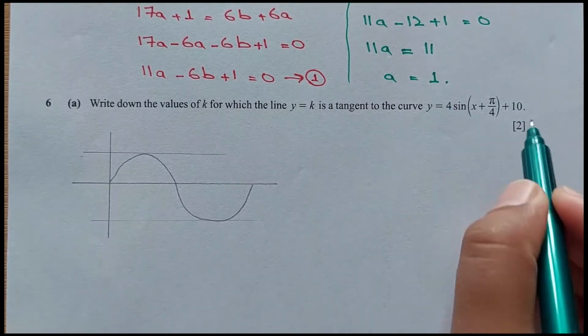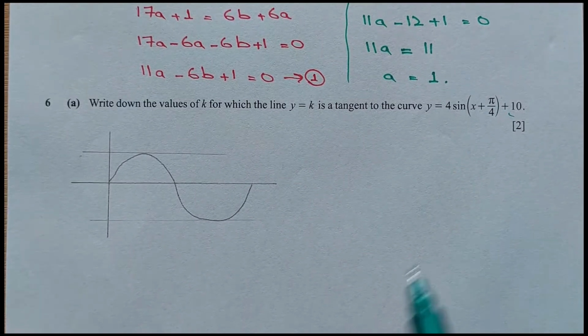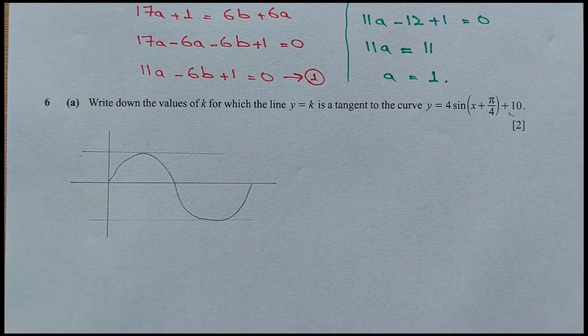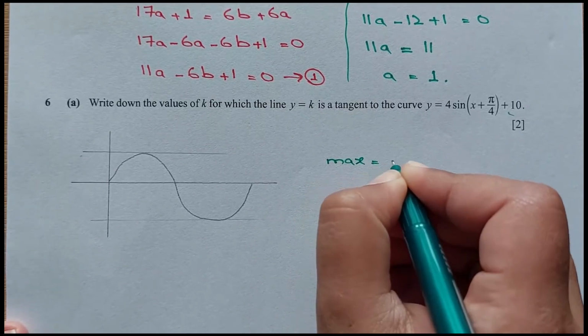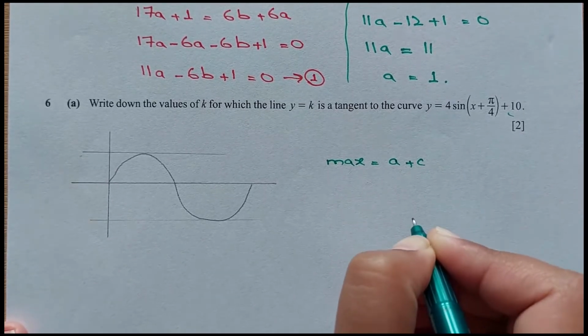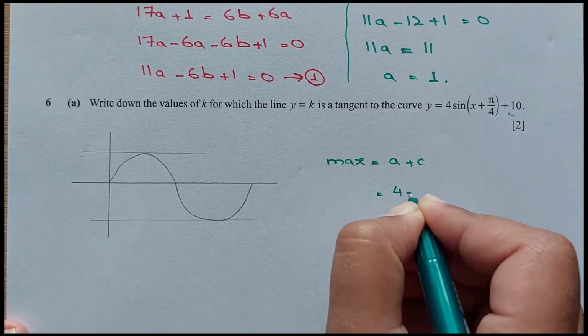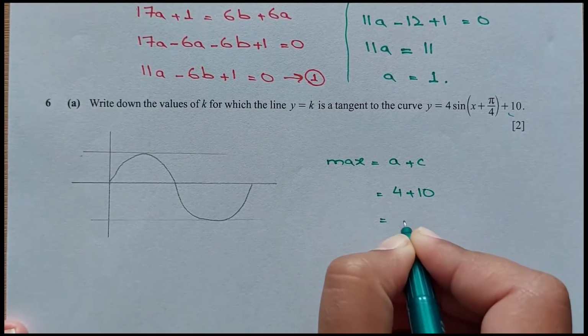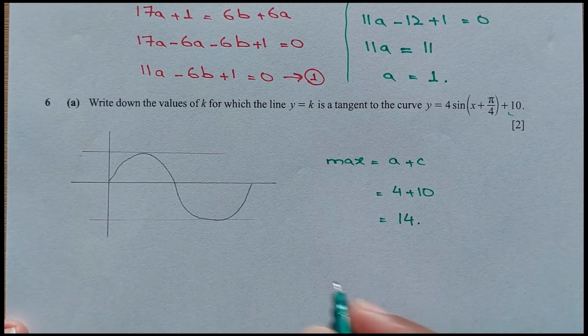So 4 is the amplitude, 10 is the equation of axis, pi by 4 is the phase shift. For the maximum point we add amplitude plus equation of axis: 4 plus 10 is 14, so the k value is 14.